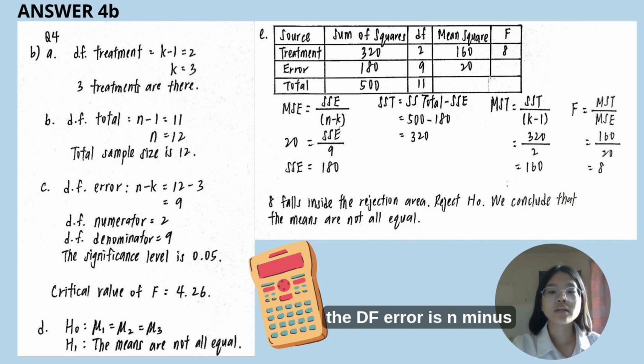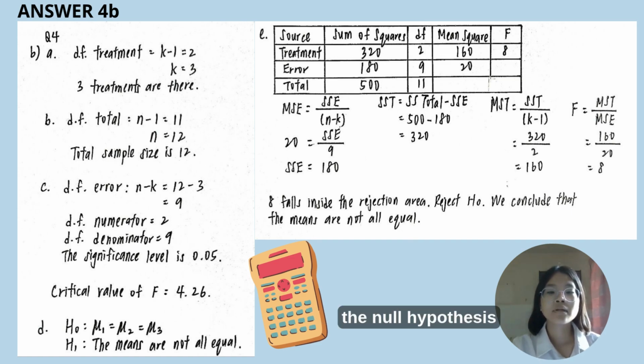C, the DF error is n minus k, that is 12 minus 3 equal to 9. The DF numerator is 2, the DF denominator is 9, the significance level is 0.05. So we can refer to the table of the critical value of F distribution. So the critical value of F is 4.26.